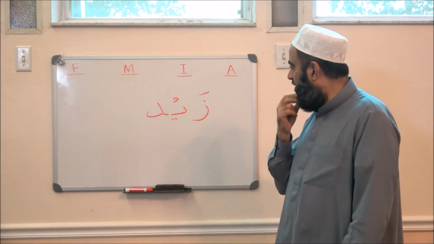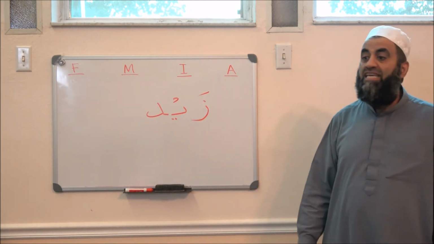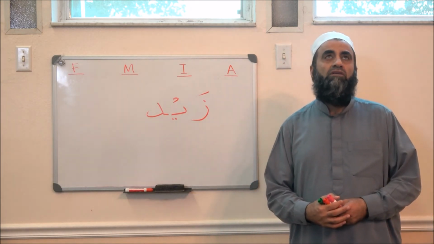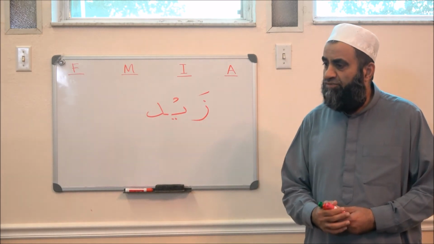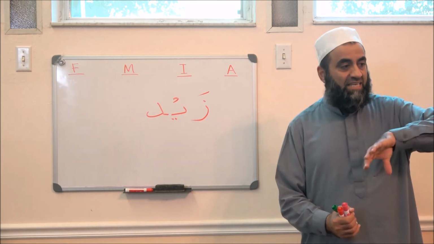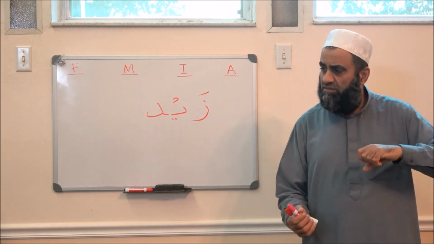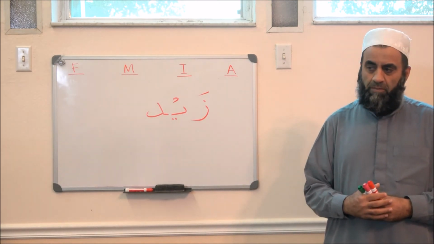Well, I can cover it now actually. It's very useful for the Quran. It's called lean. I think it's the same concept in English. It's called diphthong. Diphthong is when you have the sound I. Can you think of a word that has the I sound in it? In English.